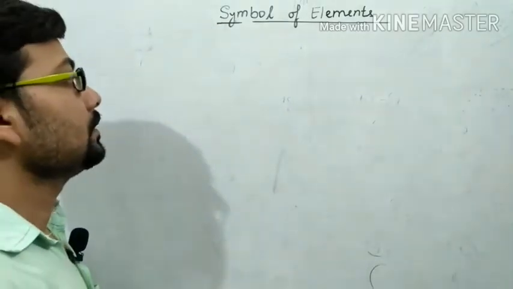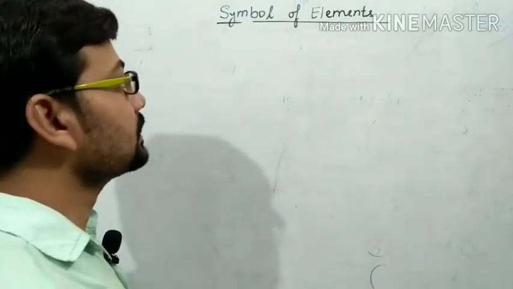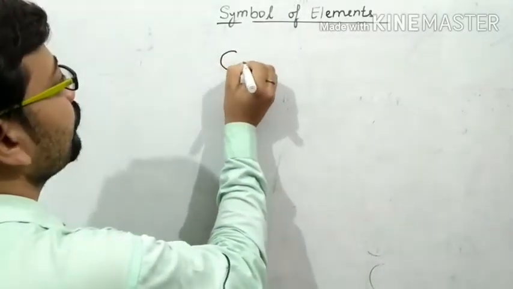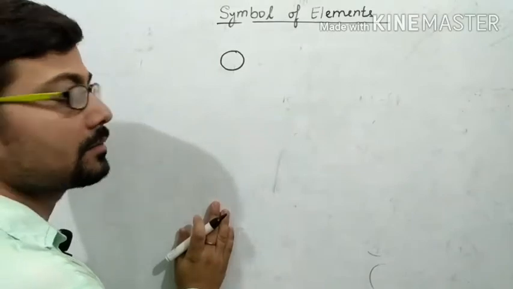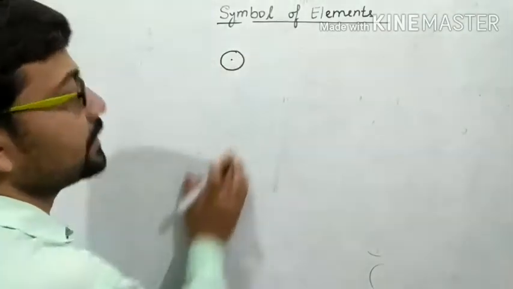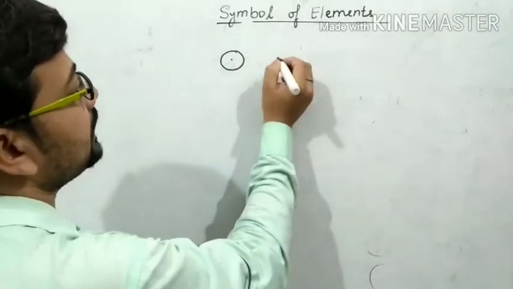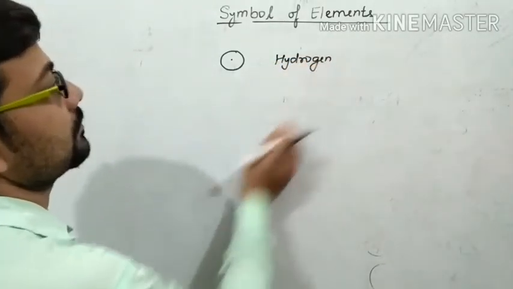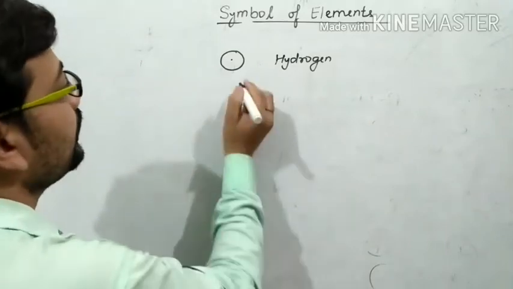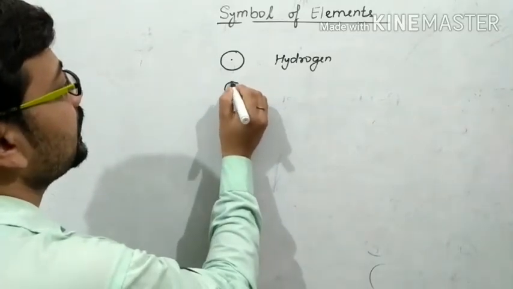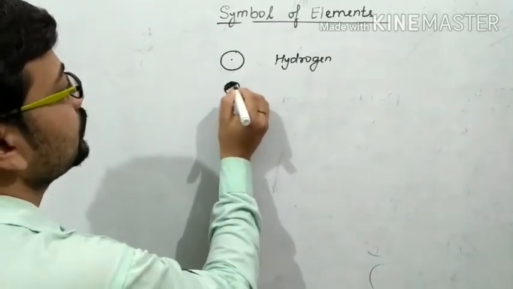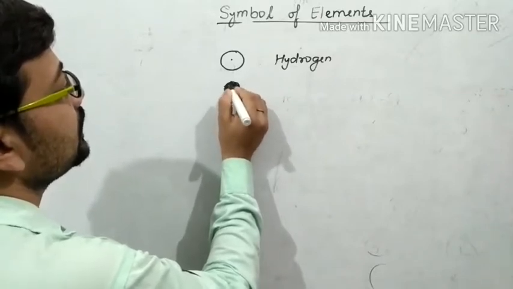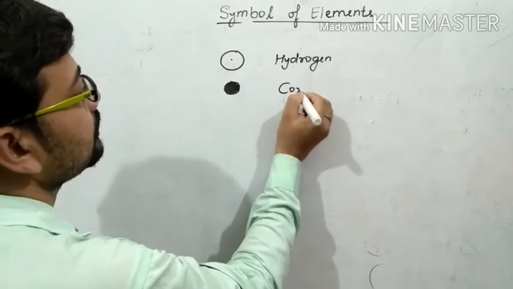He used some symbols like this. When you draw a circle and a point in it, this symbolizes hydrogen. If a circle is totally black, then it represents carbon.